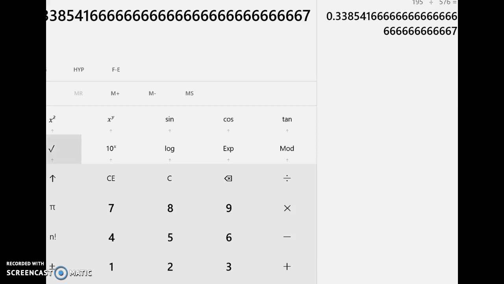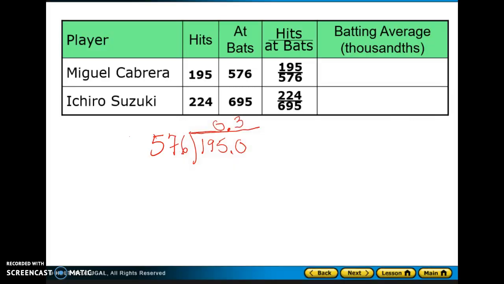It starts 0.3385416. So I am going to round to just the thousandths place, this one here. I'm going to look at the 5, it tells me to round up.